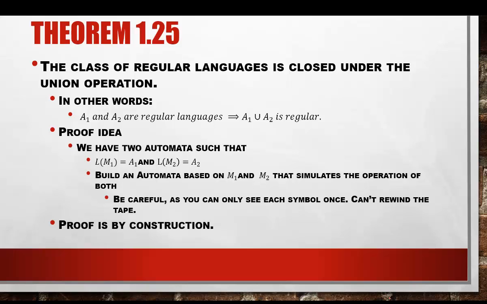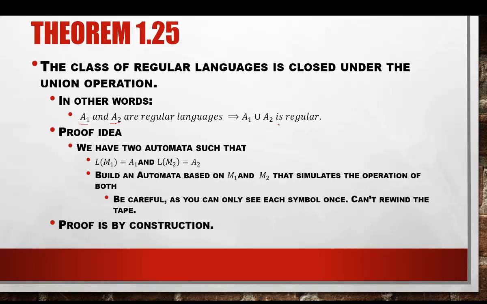This is a conditional statement, which means that if a certain condition is met, so is the other condition. So it's an implication. If the premise is true, then the rest of this statement is true. So if I have two languages, A sub 1 and A sub 2, and these two languages are regular, then their union is also regular.